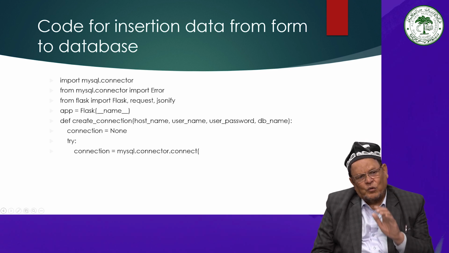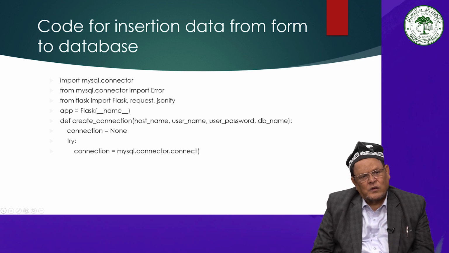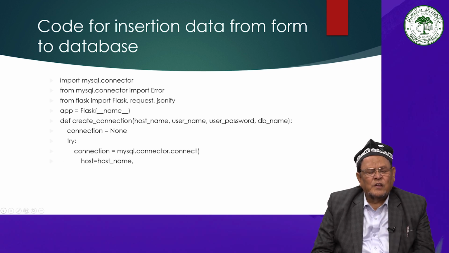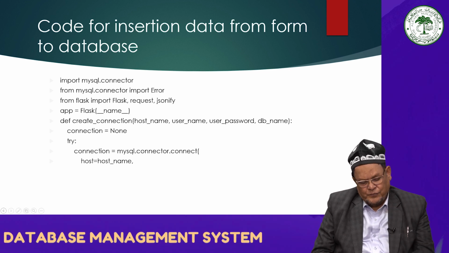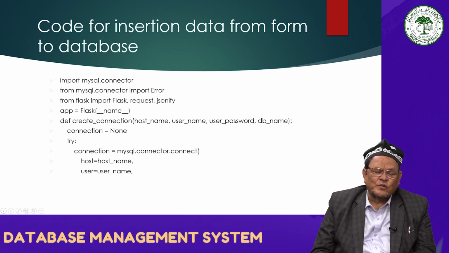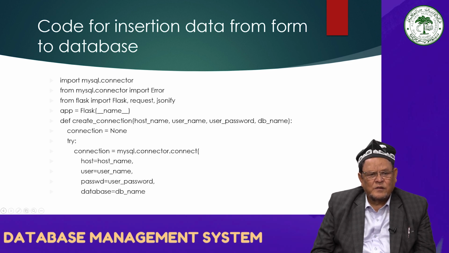In this way we are able to import that. Then within parentheses, you have to write host is equal to host name. You have to define user's name. Then you have to enter password is equal to user's password. Then database is equal to database name.